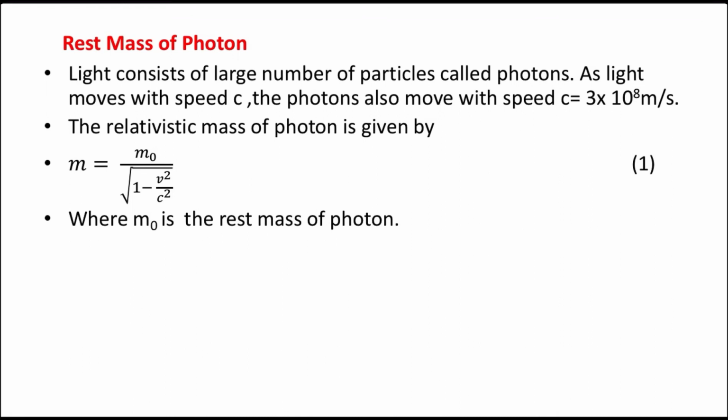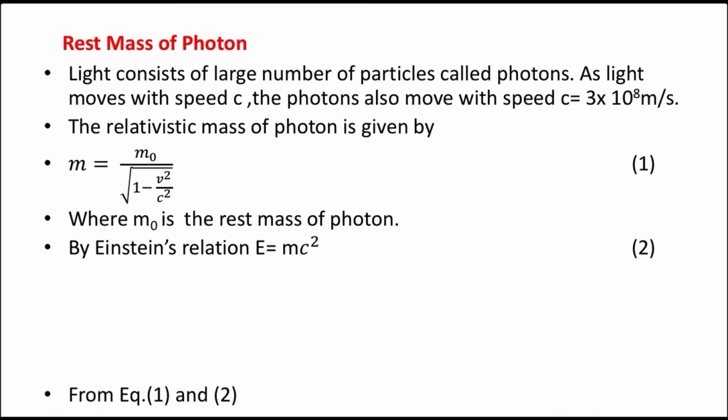The relativistic mass of a photon is given by m is equal to m0 divided by under root of 1 minus v square upon c square. This is our equation 1, and remember that m0 is the rest mass of the photon. Now, by Einstein's relation, E is equal to mc square, where m is the relativistic mass.